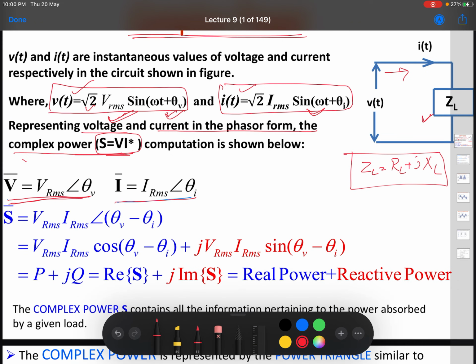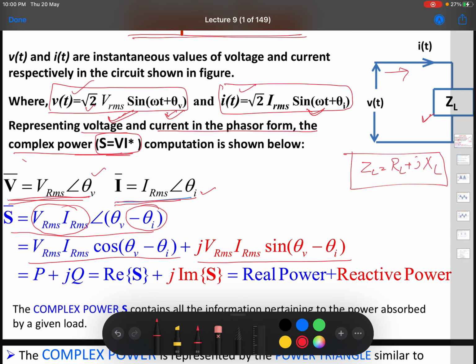So if this is V RMS angle theta V, that is the angle of voltage, and I RMS angle theta I, when we multiply them, obviously you are taking the conjugate, that's why the angle is getting subtracted, and the magnitudes are multiplied. This is basically phasor multiplication of two quantities, and then you represent them in rectangular form.